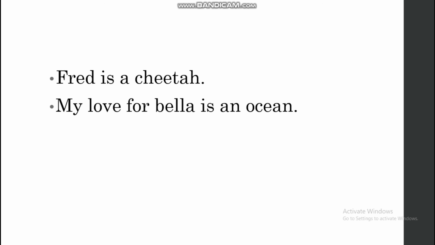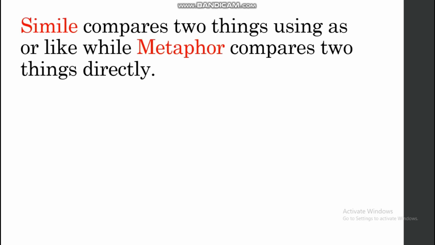We didn't use like or as, we just compared these two things directly. His love for Bella is forever, wide and unending, just like the ocean. To sum these things up, simile compares two things using as or like, while metaphor compares two things directly without using as or like.